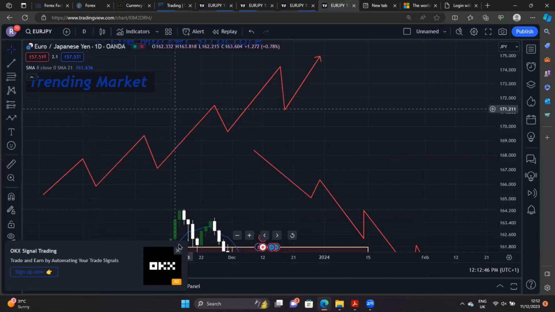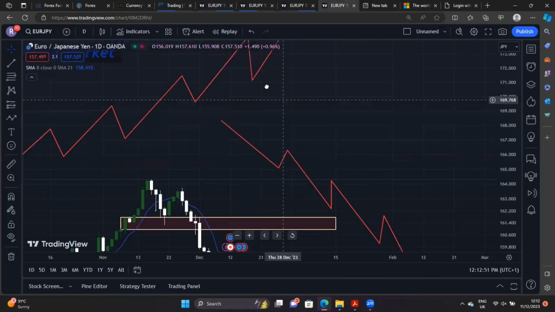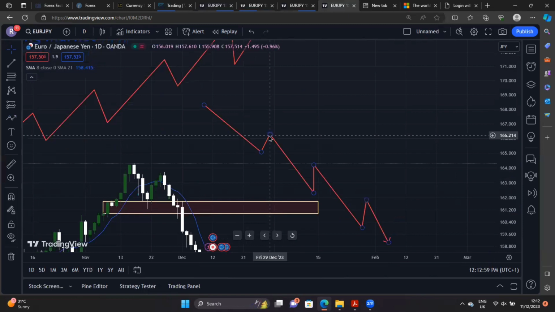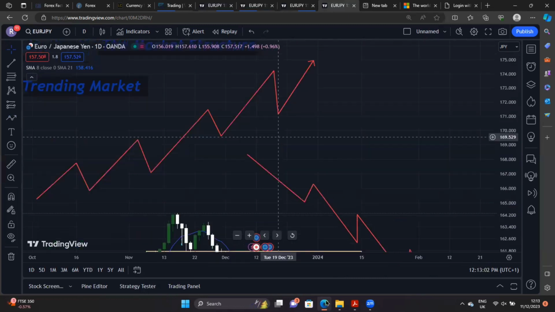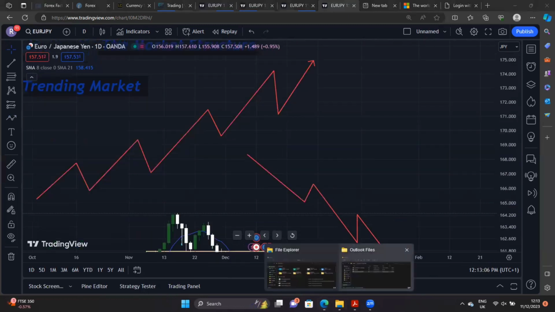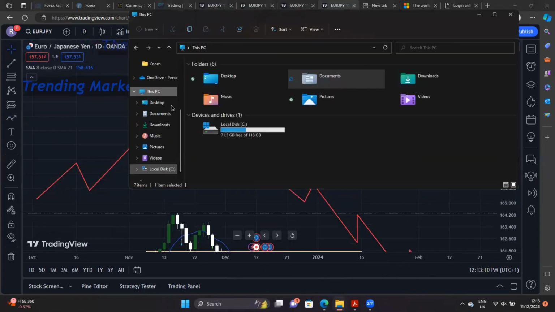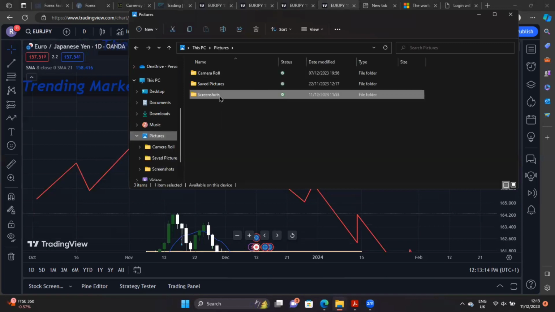If the market is not making a higher high and a higher low, then it's making what? A lower low and a lower high. So I'm going to display exactly what we mean by a lower low, lower high market scenario. Give me a few minutes.